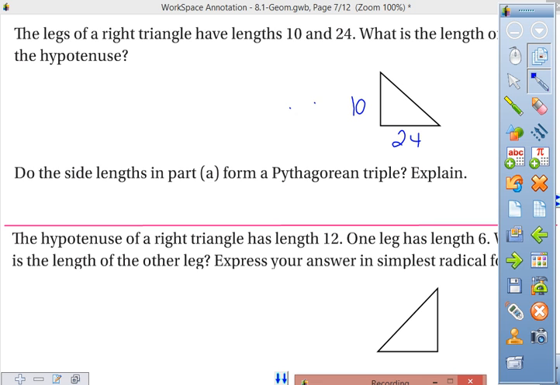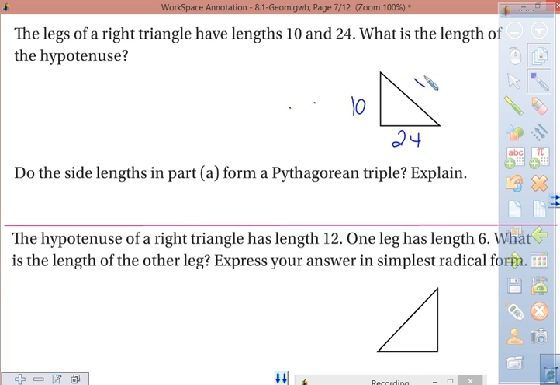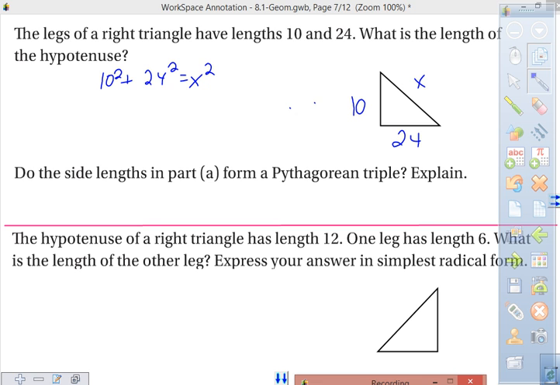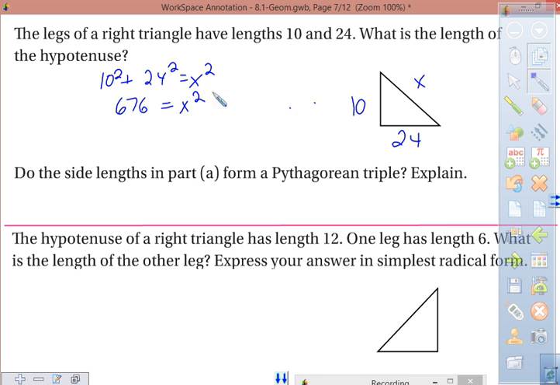The legs of a right triangle have lengths 10 and 24. What is the length of the hypotenuse? So here's what my setup would look like. Leg squared plus leg squared equals x squared. So I get 676 equals x squared.